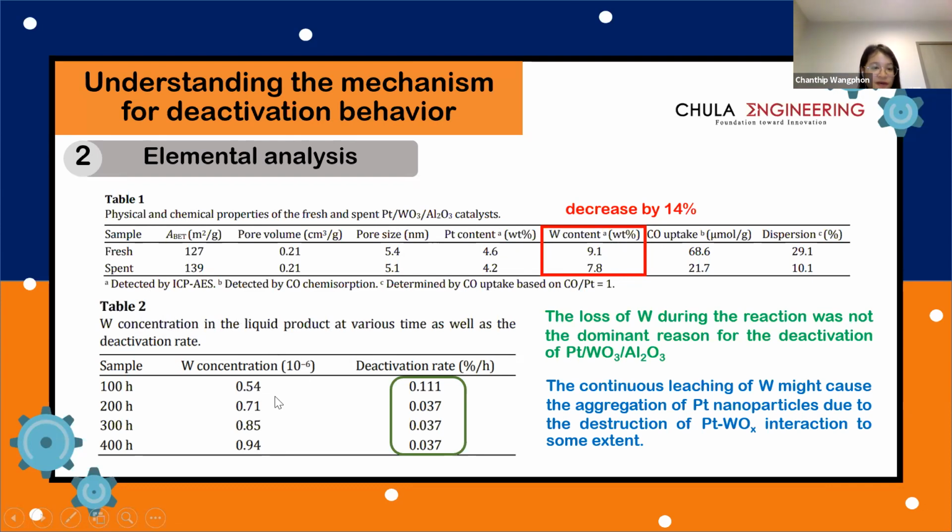We can see that when the tungsten decreases, it did not affect the deactivation rate. So from the results, we can conclude that the leaching of tungsten in this reaction was not the dominant reason for the deactivation of this catalyst.